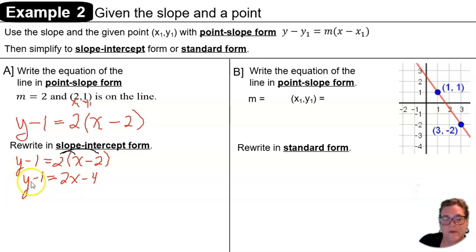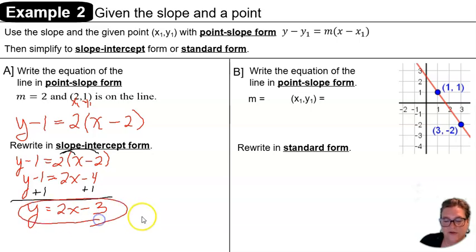Okay, to get into slope-intercept form, I want this y by itself. So I'm going to add 1 to both sides, and now y is equal to 2x. And when I combine the like terms, negative 4 plus 1 is a negative 3. And now my line is in slope-intercept form.